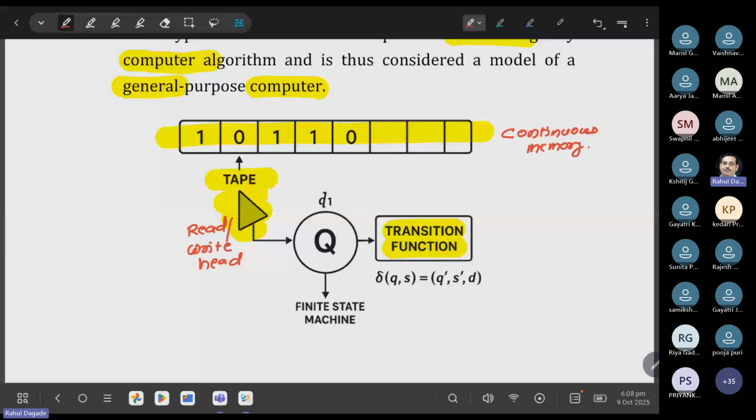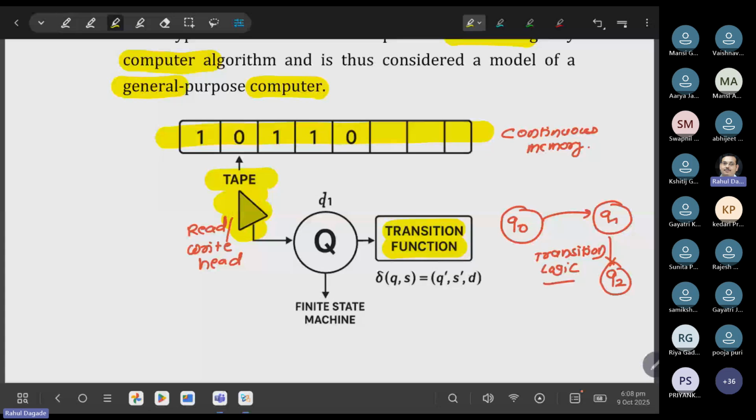And transition function, you know, is like going from one state to another state. That is, from Q0 state, you are going to Q1 state. From Q1 state, you are going to another state, Q2. Like this. This is called a transition function, or you can call this a transition logic.